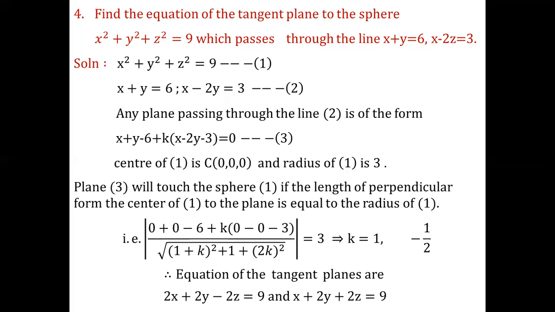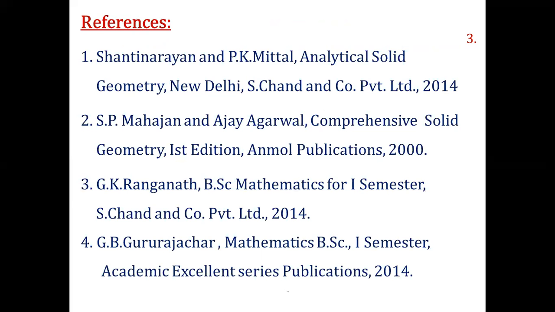After simplification, you are going to get the values of k as 1 and minus half. Therefore, the equations of the tangent planes are given by 2x plus 2y minus 2z equal to 9 and x plus 2y plus 2z equal to 9.